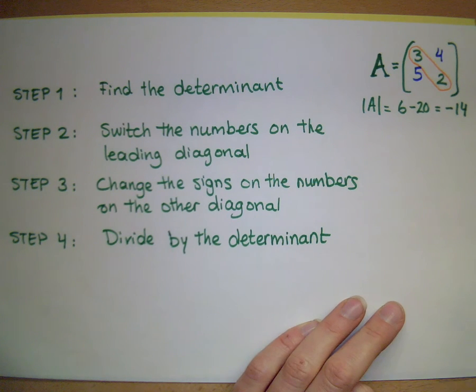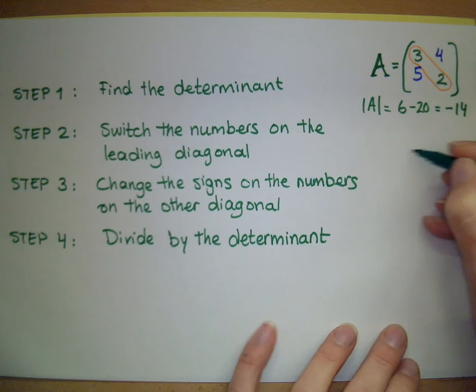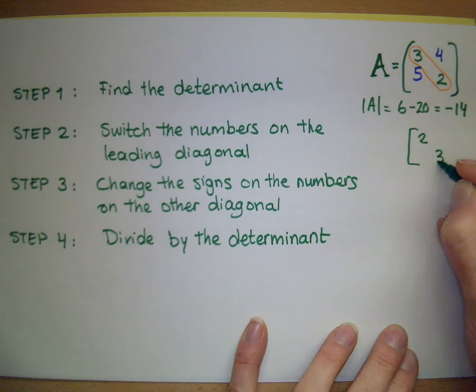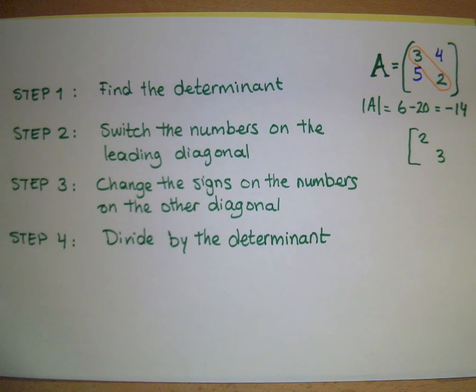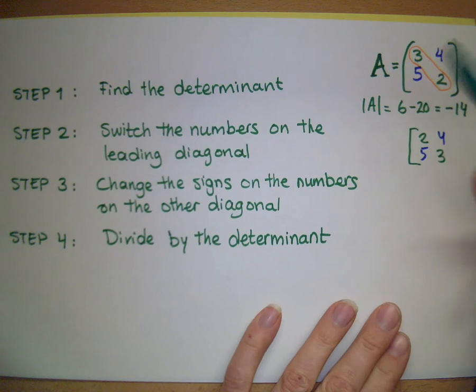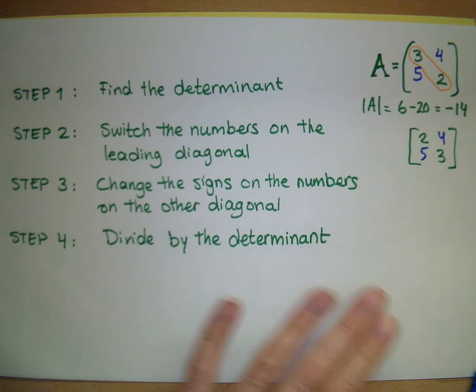We switch the 3 and the 2. So we get 2 here, 3 here. 5 and 4 are still there. I know, it looks weird.